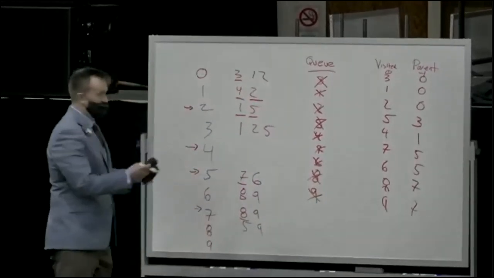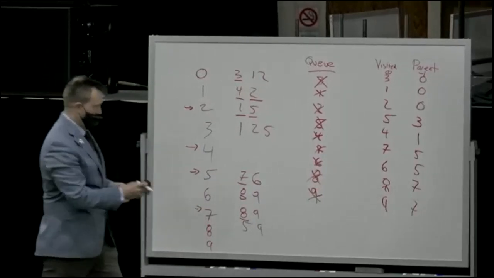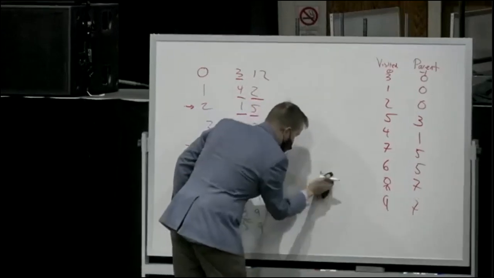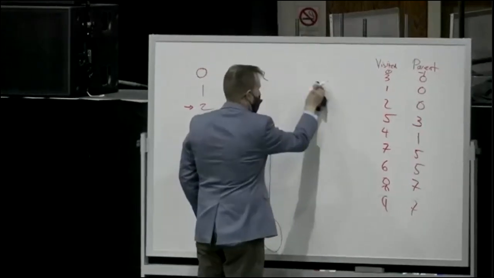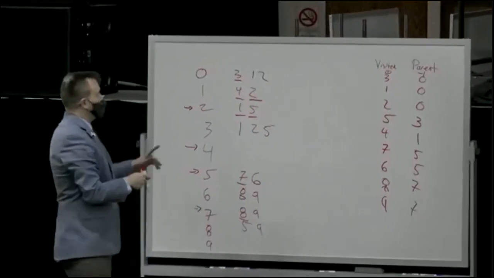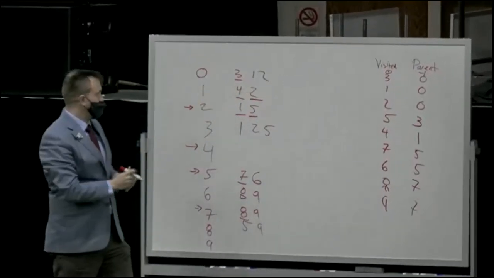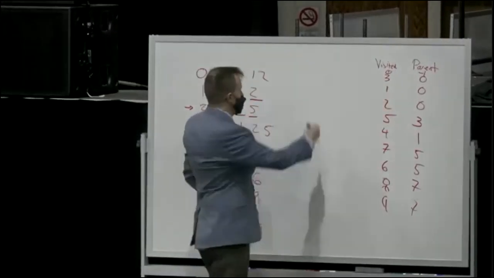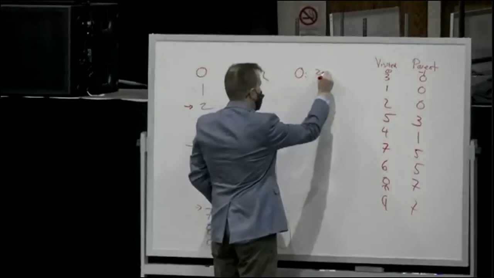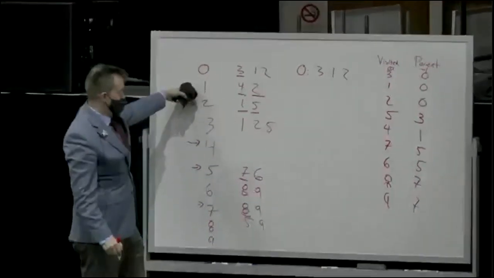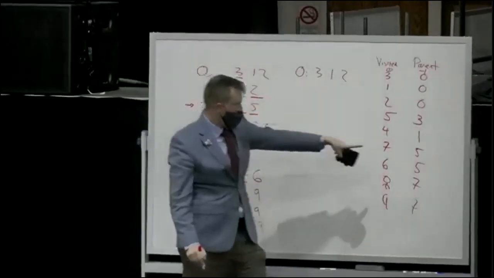Now, based on this information, I have a different kind of graph, a different kind of directed acyclic graph. This time I'm going to use the origin and destination. So I have 3, 1, and 2 here. For 1, 1 is the parent of 4.